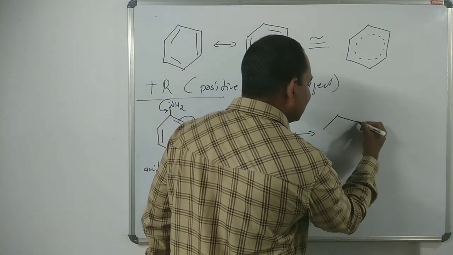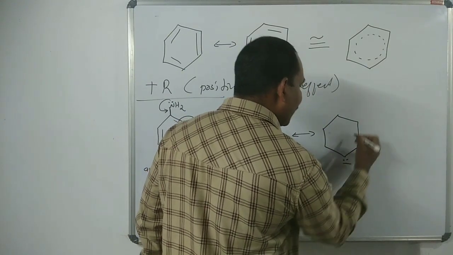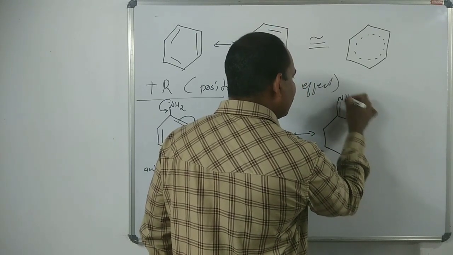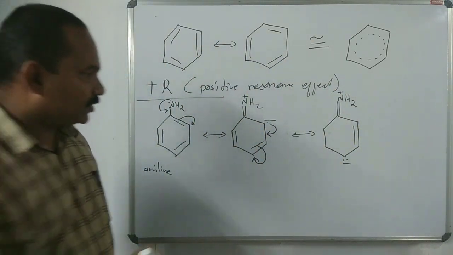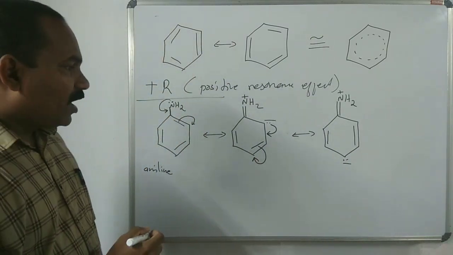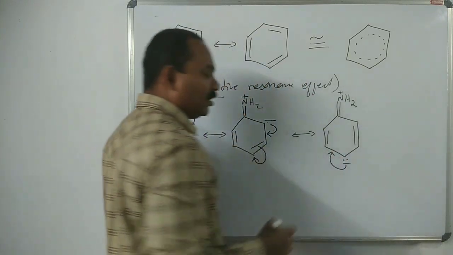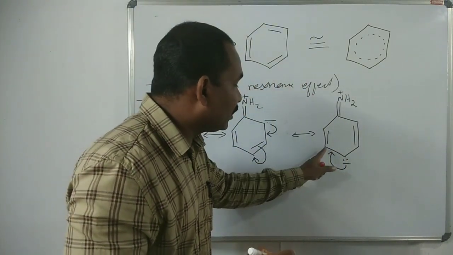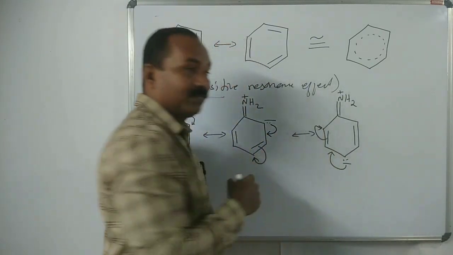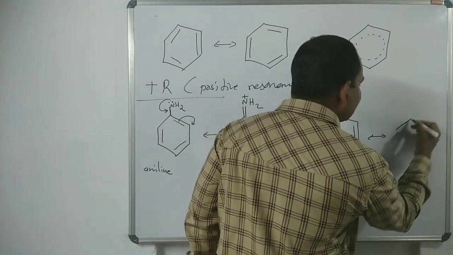In the next possibility, this electron pair is shifted in between two carbon atoms, and at the same time the pi electron is shifted to the fourth carbon atom. So what is the resonance structure? Now this carbon has the pair of electrons, and nitrogen is doubly bonded to the carbon atom with a positive charge. And this bond is there. No problem. In the next possibility, this electron pair is shifted in between the 4th and 5th carbon atoms, and at the same time the pi bond is shifted to the 5th carbon atom.